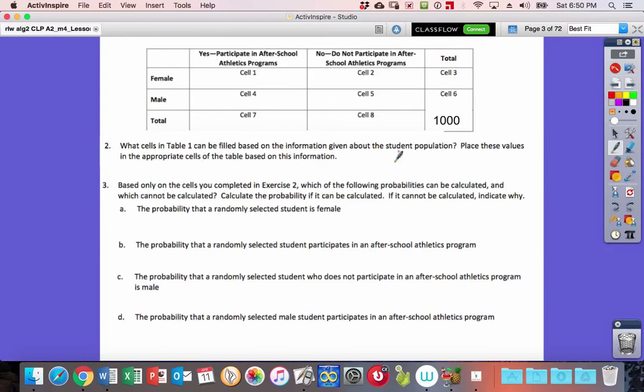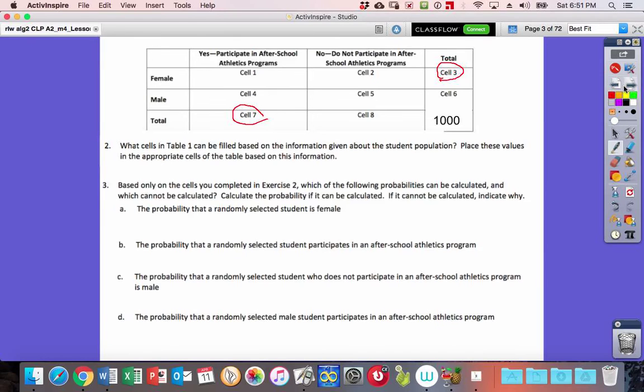Now what cells in the table can be filled based on the information given about the student population? Place these values in the appropriate cells of the table. They told us that 58% are female, and they told us how many total students participate.